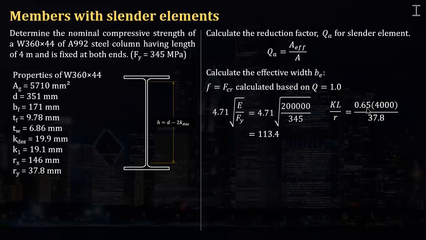Well, because that is the recommended design value of K if the ends are both fixed. Okay, theoretically it's 0.5, but if we are designing by using the AISC code or the NSCP 2015 code, use the recommended values. So I'm using this recommended value 0.65 for fixed at both ends instead of 0.5.